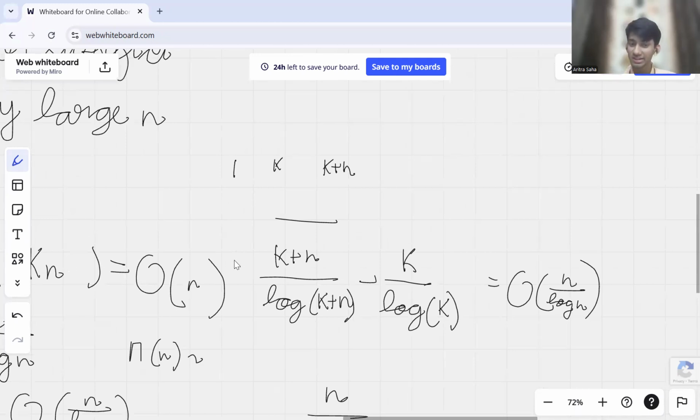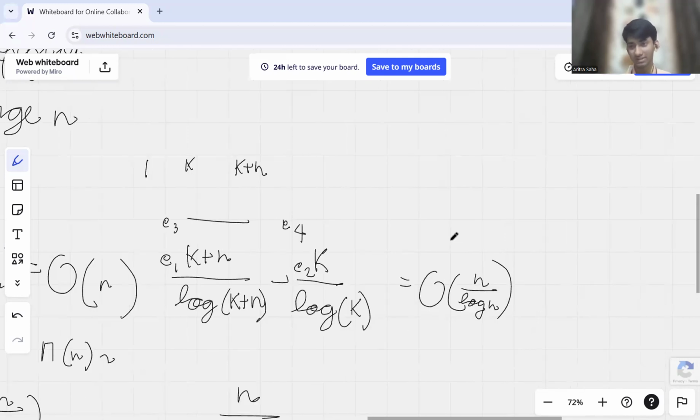Because this is actually equal to, you can bound it by some c. You can introduce c1 and c2, where c1 is the lower bound and c2 is the upper bound, and you can do some other c3 and c4, where c3 is the lower bound and c4 is the upper bound, and so you actually get an upper bound and lower bound for both of these. And c1, c2 doesn't matter. We can take the lower value, take the c2 out, so we'll have a constant factor on both sides, but in the O of things we don't care about constants, right?